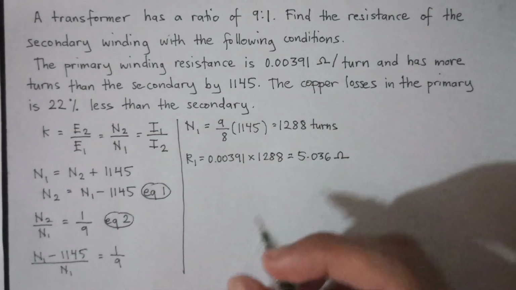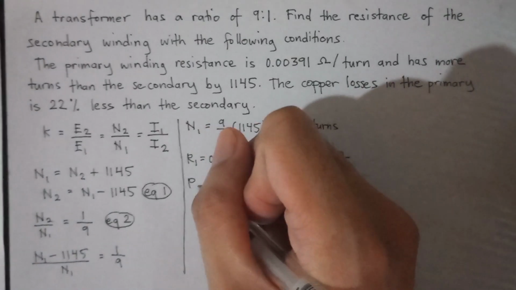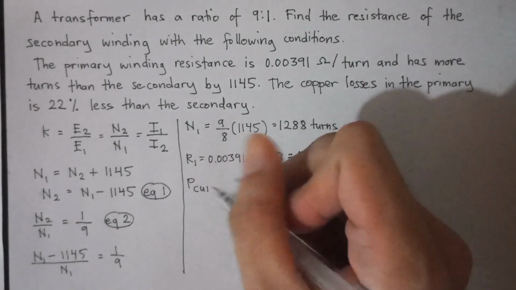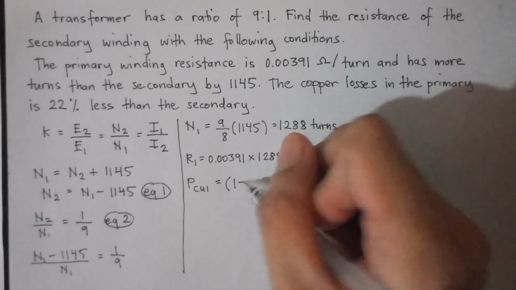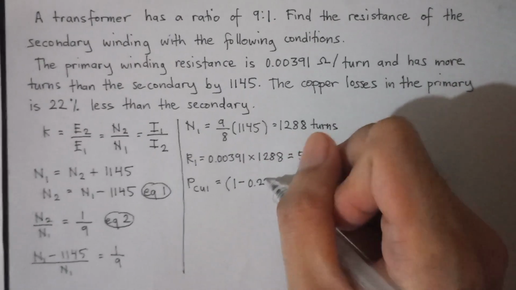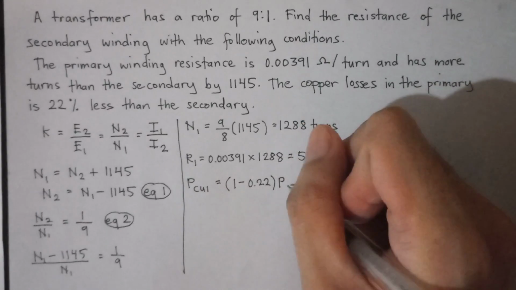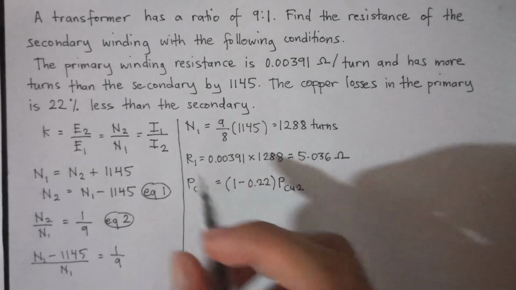Writing that as an equation, let's say P sub Cu1 is the copper losses in the primary winding, is equal to 1 minus 0.22 times, let's say, P sub Cu2, which is the copper losses in the secondary winding.